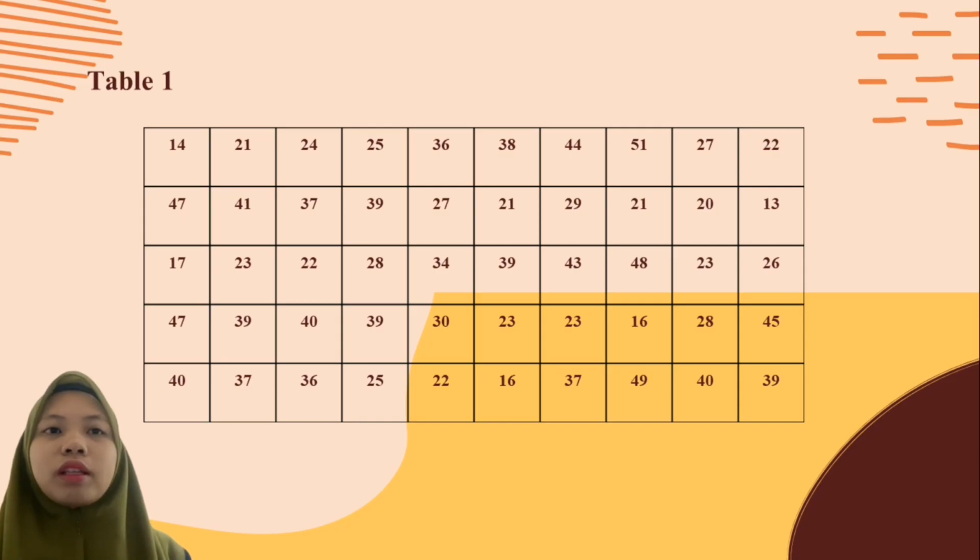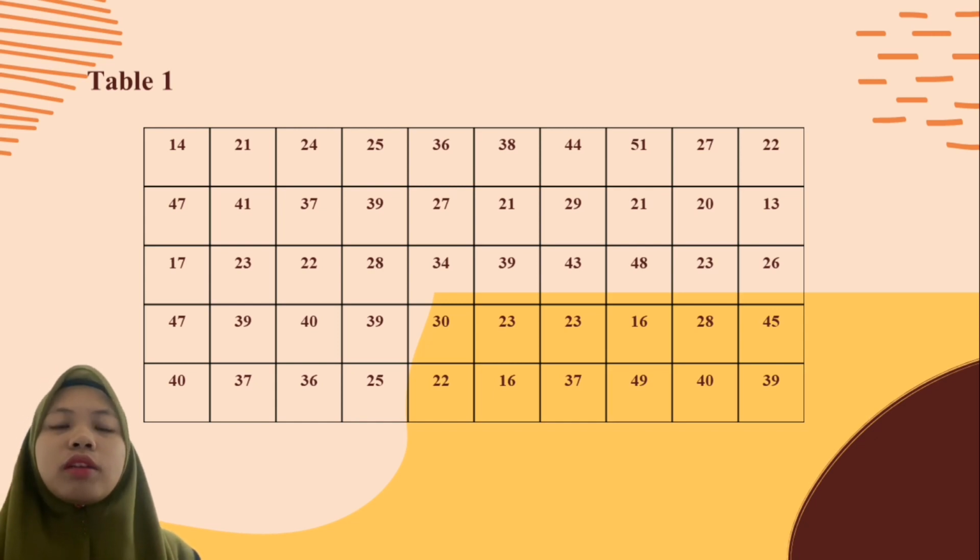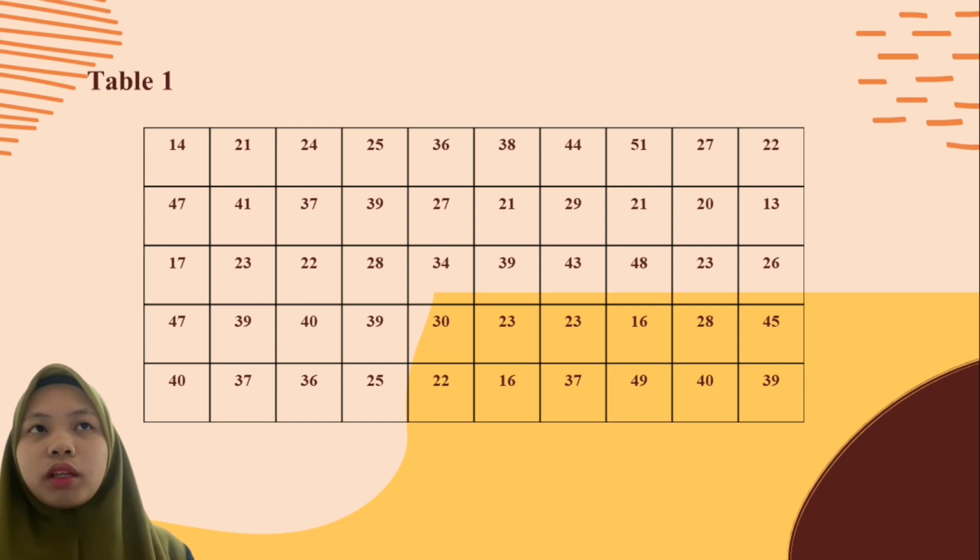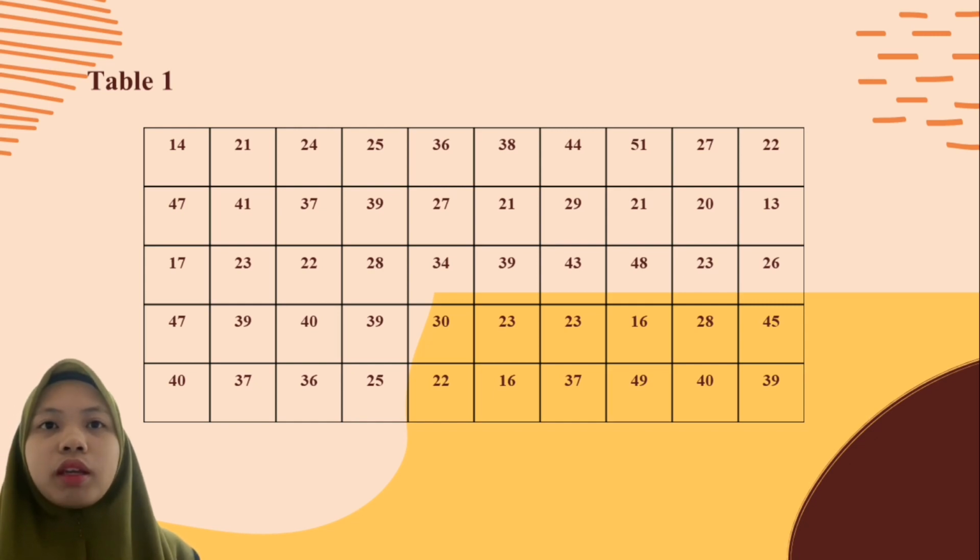So for the first table, our group has taken as many as 50 data from the appendix.